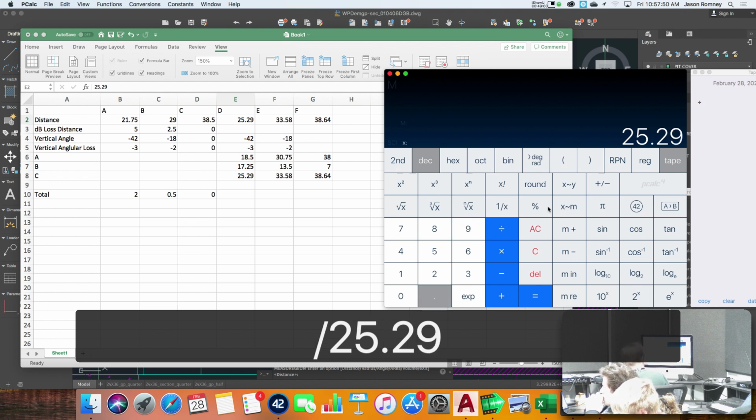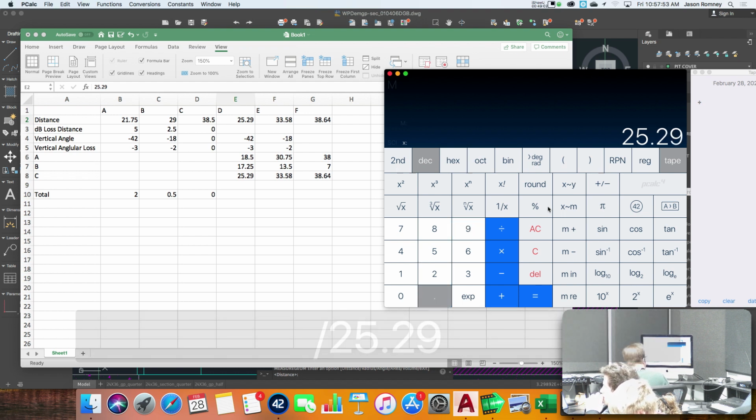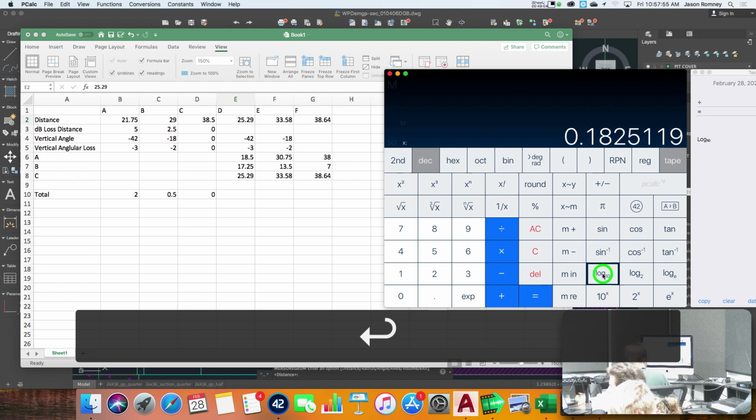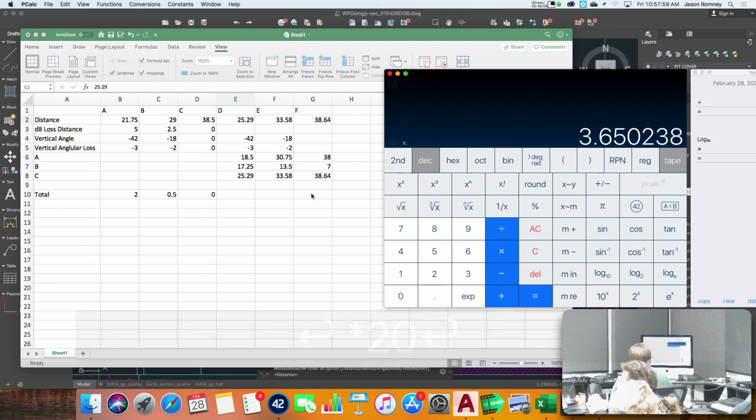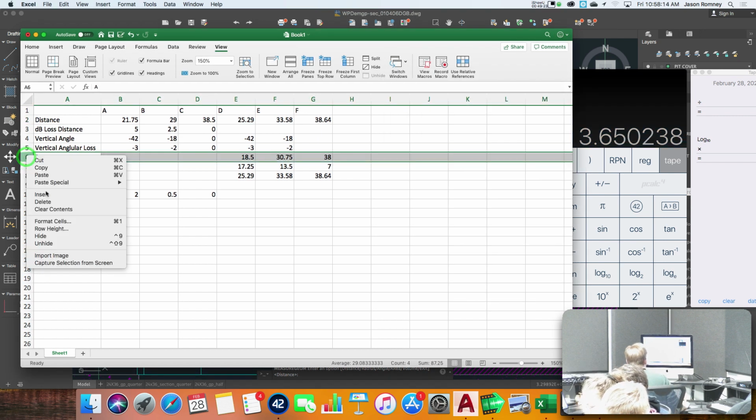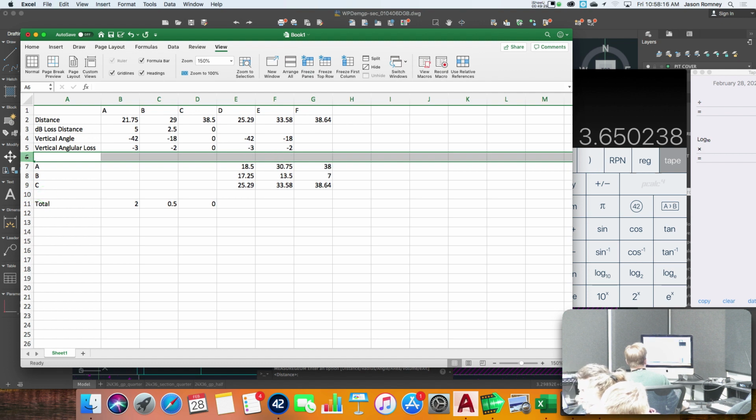I'm gaining 3.65 dB. So going from point C to point D? Yeah, because C is my reference. That's where the loudspeaker is aimed, right? So I compare everything against that. So I am gaining 3.6 dB because of distance to seat D.